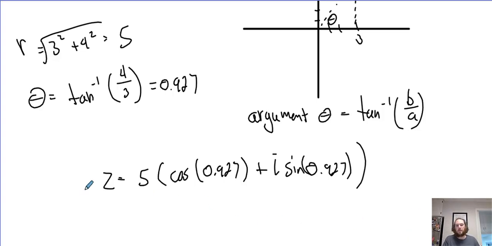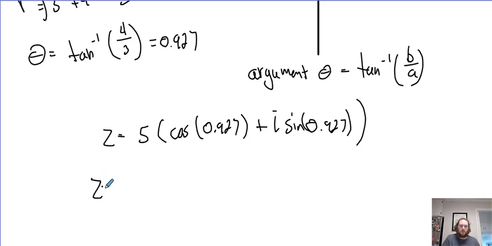So there's my coordinate in the polar form. You sometimes see this also written like this, 5 cis 0.927, cosine imaginary sine. This notation is okay because the angle theta here is going to be the same for both of them.